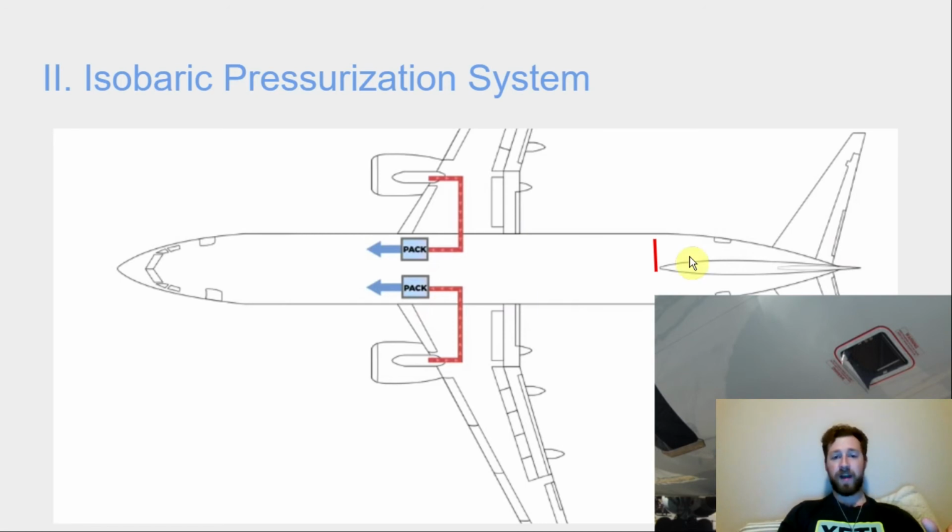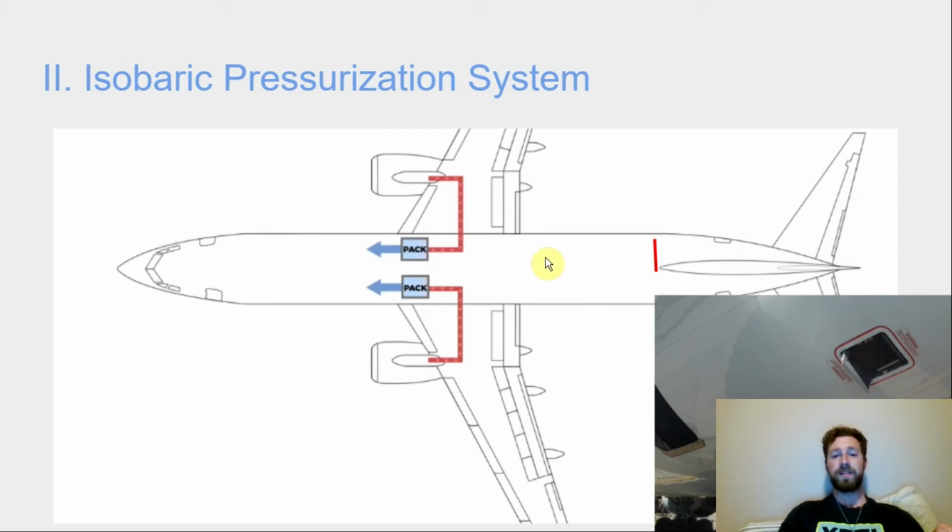And then finally, we have the outflow valve right here. Now this is what regulates how much air. Well, I guess it just regulates the pressure that's in the cabin or in the airplane.